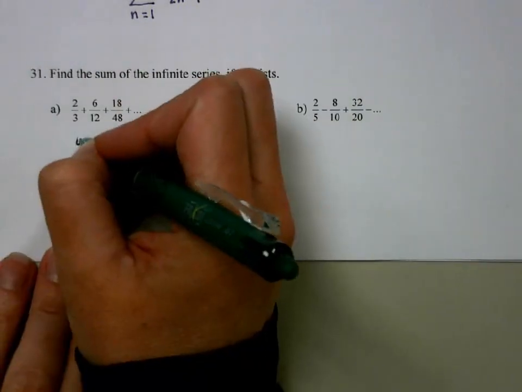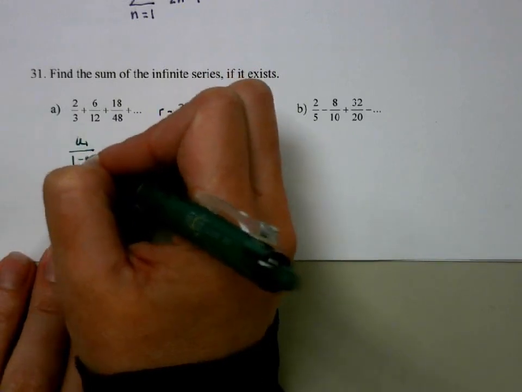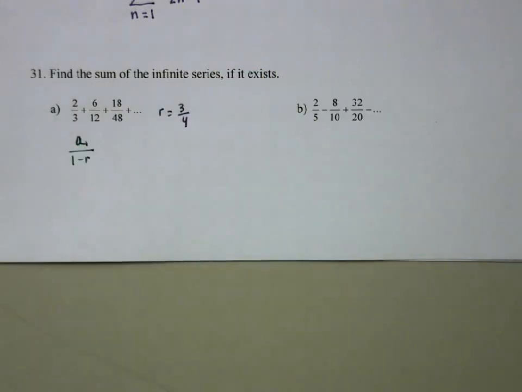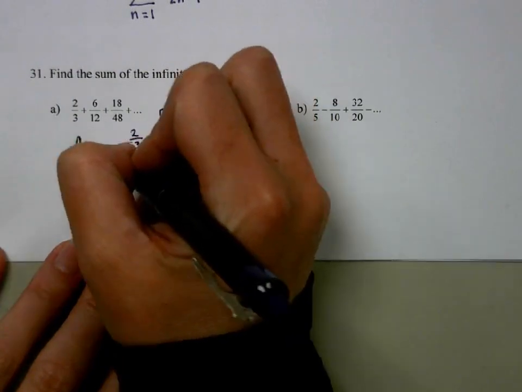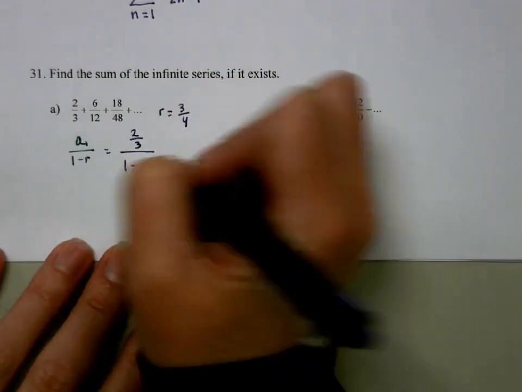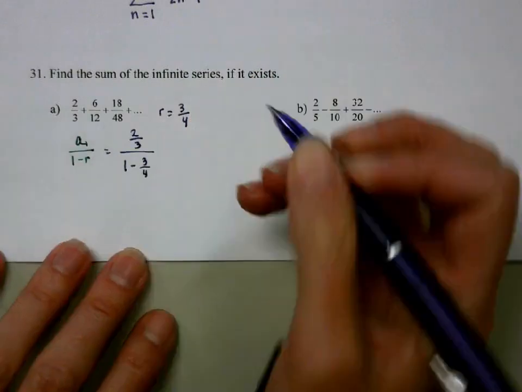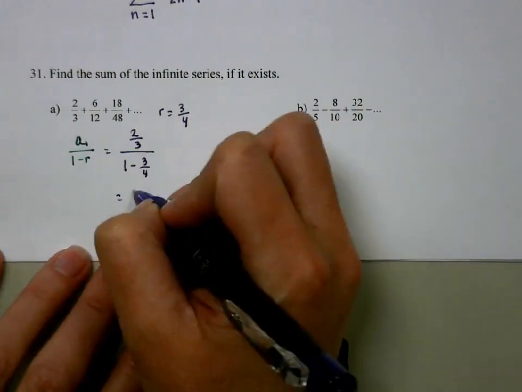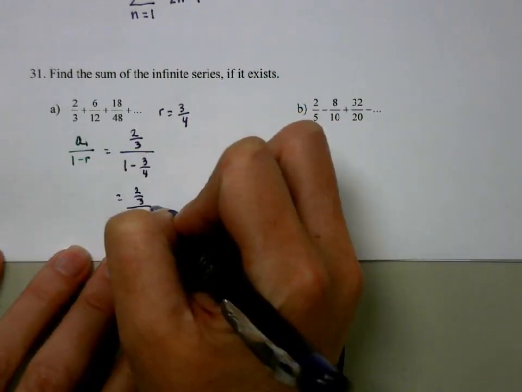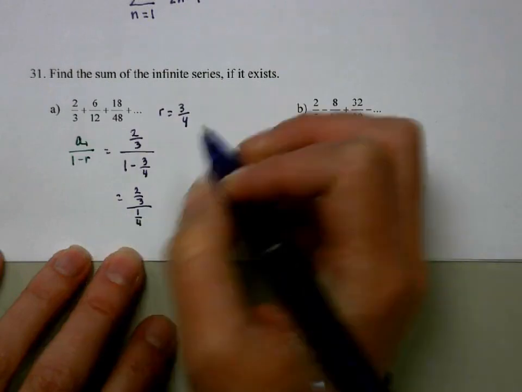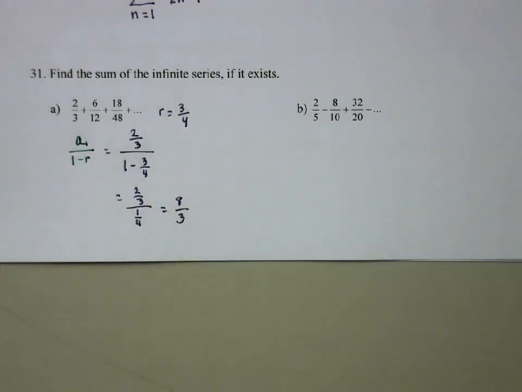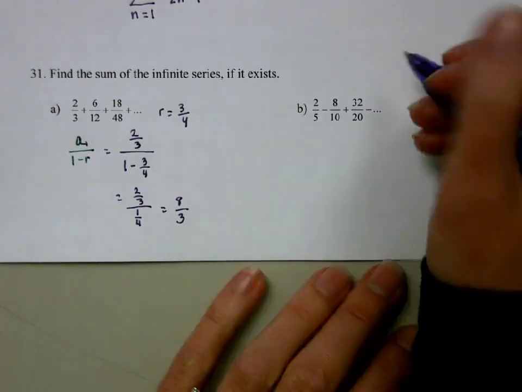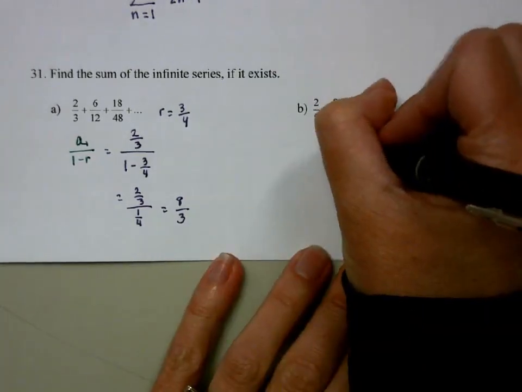So that's 2/3 over 1/4, which is going to be 8/3 when we multiply by the reciprocal. This one, my common ratio, we're multiplying by 4 on the top, 2 on the bottom, and it's alternating, so negative 4 over 2. So there is no sum, because that is definitely not between -1 and 1.